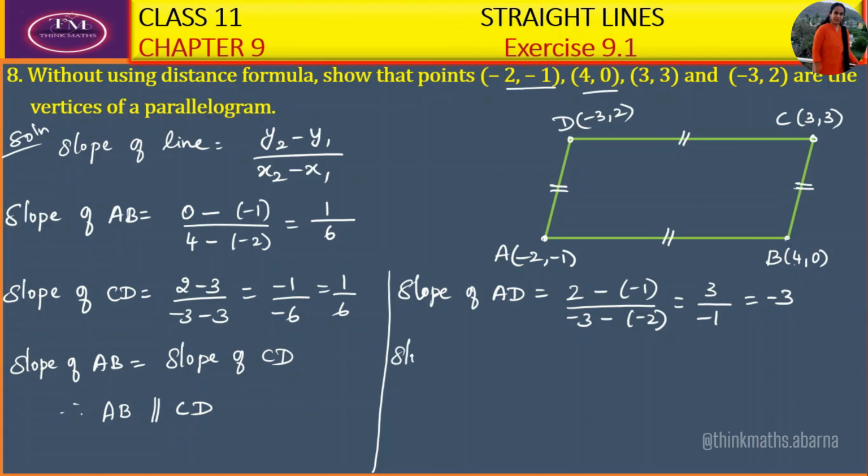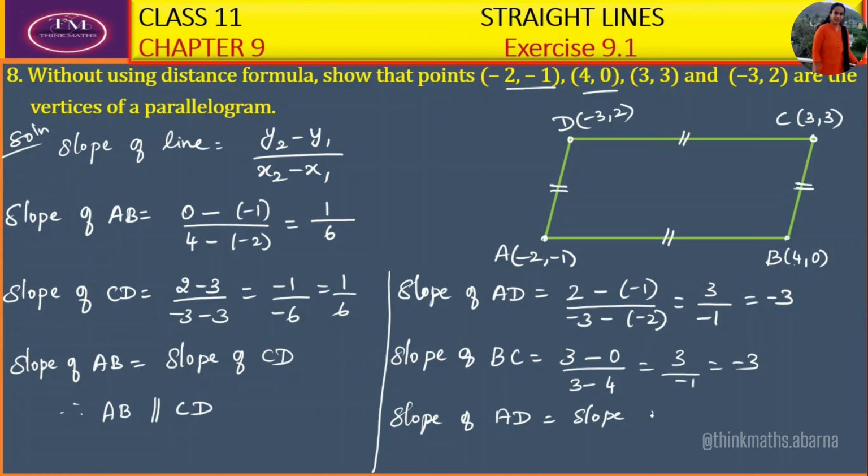Next, find out slope of BC. So y2 is 3 minus y1 is 0, divided by x2 is 3 minus x1 is 4. So 3 minus 0 is 3, 3 minus 4 is minus 1. So this is also minus 3. So we get slope of AD equal to slope of BC. That means AD is parallel to BC.